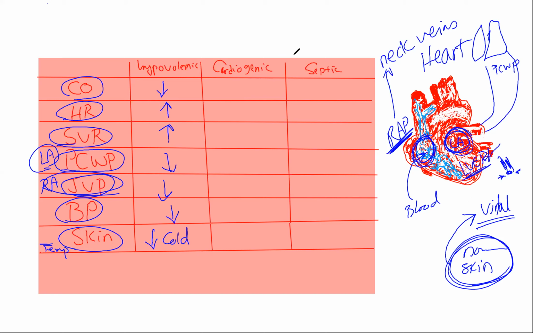Okay. What about the cardiogenic shock? The problem in your cardiogenic shock is that your heart is not able to contract well. So the problem is in this heart machine. So you will have the following.